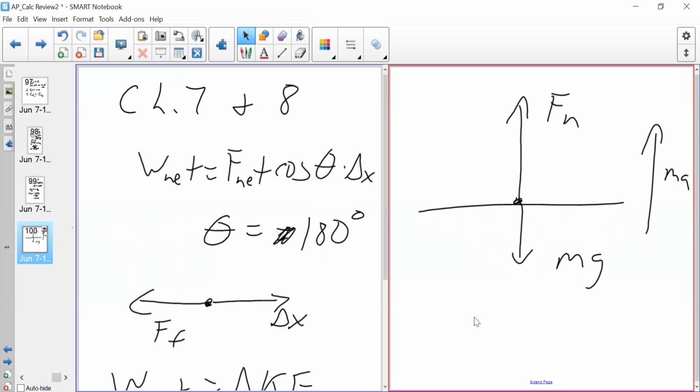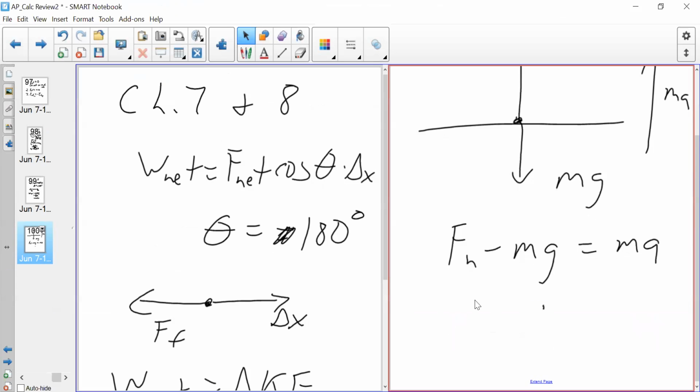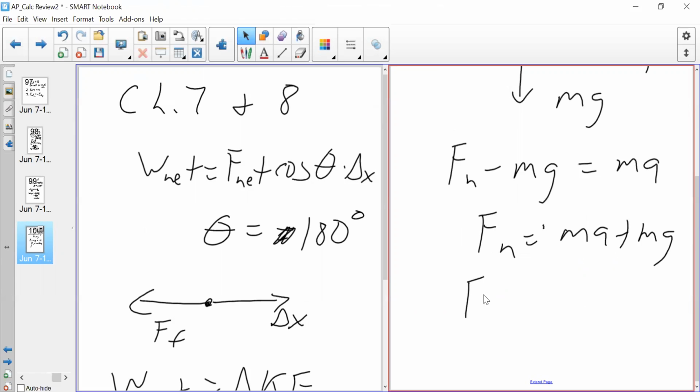So let's say Fn minus mg equals ma, and if you find acceleration, you can find the normal force. Because then in this case, the normal force is going to be just the sum of ma plus mg. And that's why you feel heavier, because now you have these two forces here.